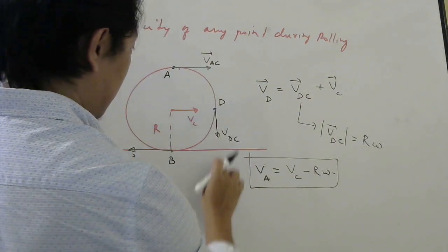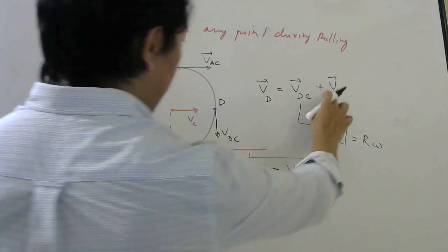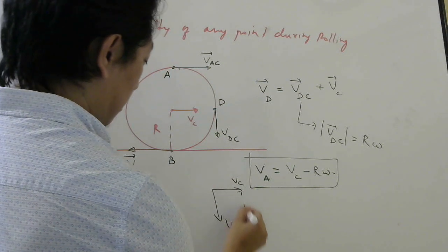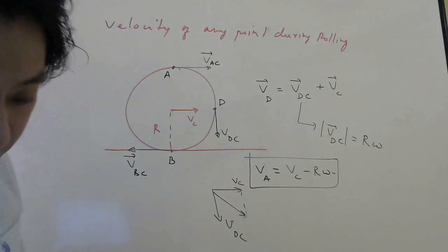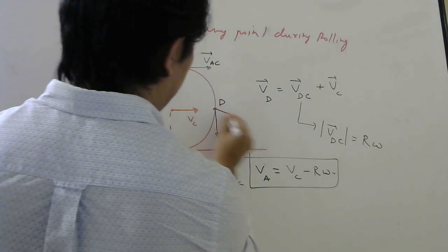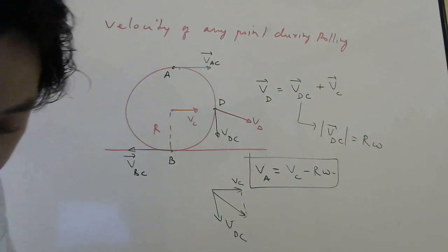Now VDC is here, this VC is there. So the resultant will be here. So the resultant velocity of point D as seen from the ground frame will actually be somewhere here. Right? And what will be the magnitude of that velocity?